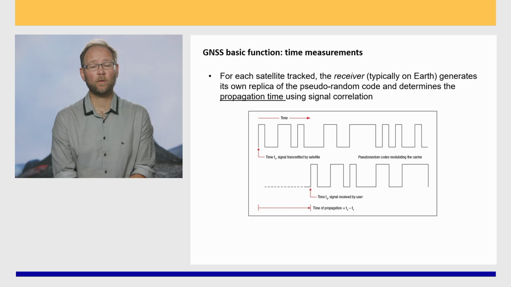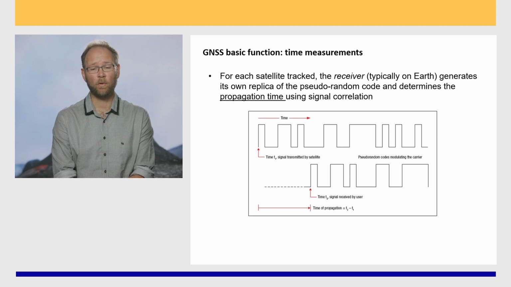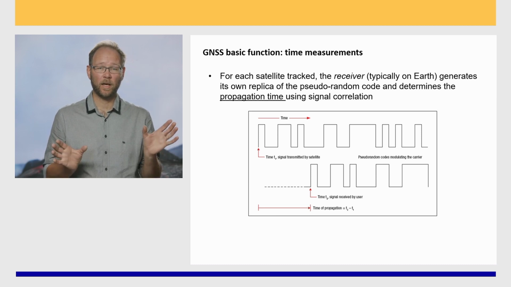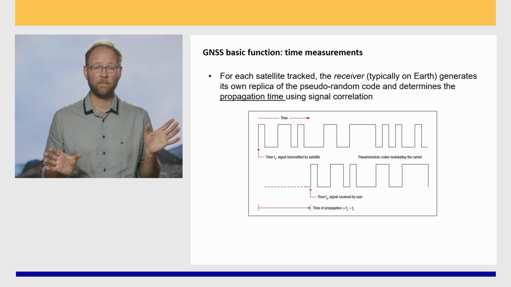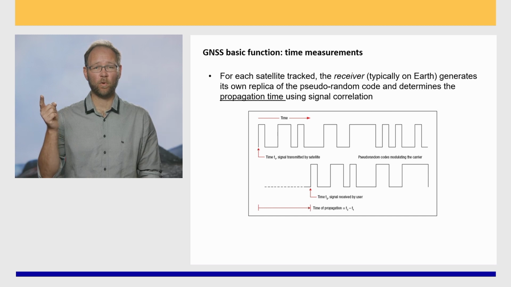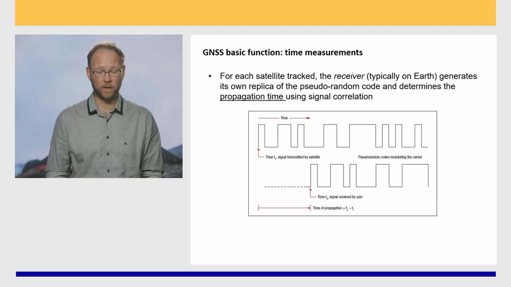This pseudo-random code shown on this image is basically a row of ones and zeros, and each satellite is broadcasting these codes, and the receiver on Earth also generates the same code, and using cross-correlation we can find quite accurately the time difference between when the signal is broadcast from the satellite and when it is received at any given place on Earth.